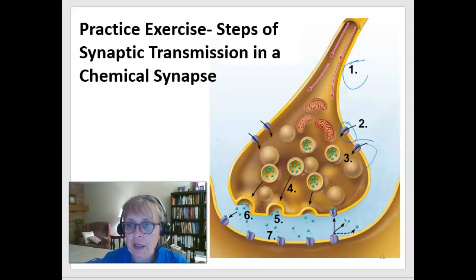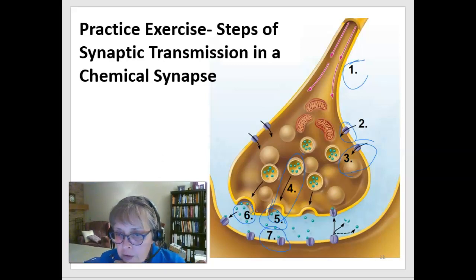Calcium moves into the cell, causing the secretory vesicle to fuse and release the neurotransmitter. Number 5. Number 6 is the neurotransmitter diffusing across the cleft, and number 7 is the binding of the neurotransmitter on the receptor, which is located on the postsynaptic cell.